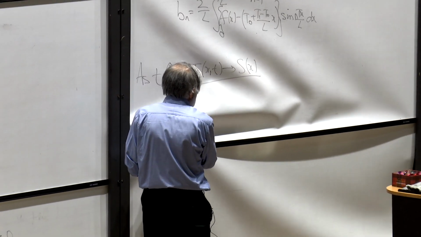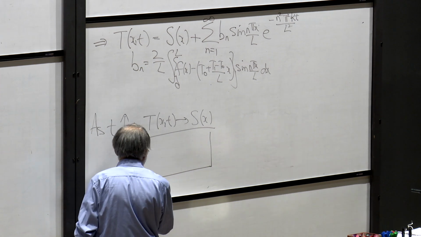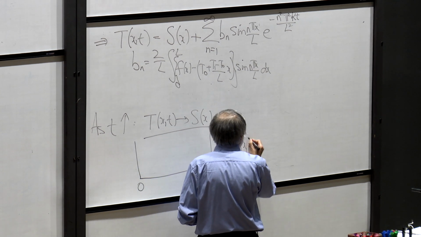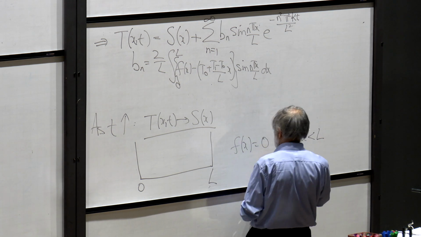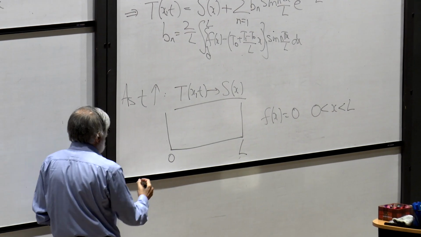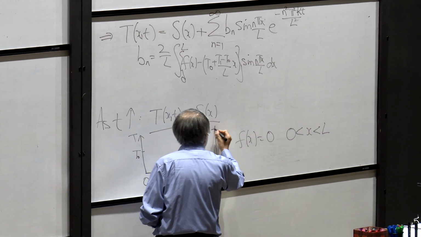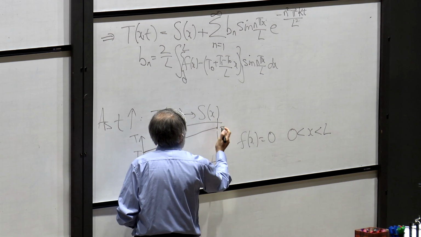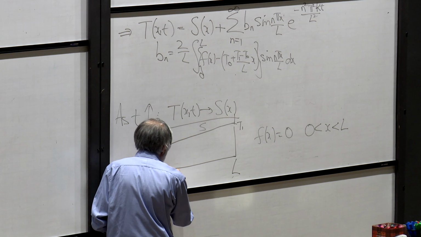So suppose we were to start off with initial condition f of x equals 0, for 0 less than x less than L. So in other words, we have T naught there, and it's T1 there, and here's the steady state, S. And our initial condition is that it's 0 everywhere.